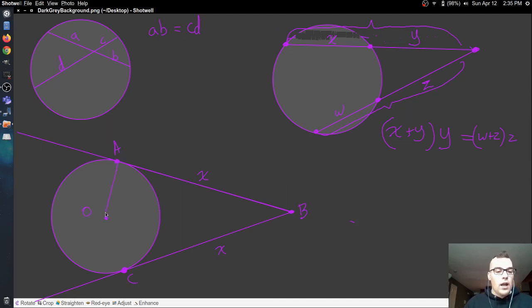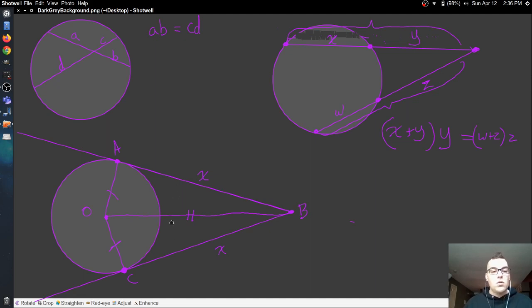I can draw in AO and AC. I know those two are congruent because they are radii. I can then go through and draw in this line OB, which I know is congruent between the two of them because it is reflexive in that case.